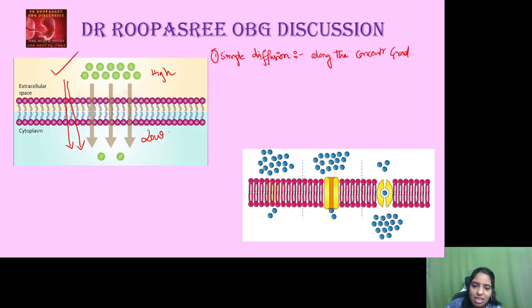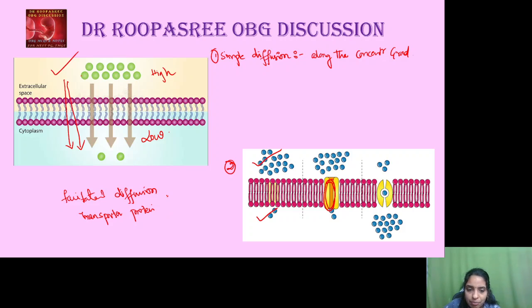Now, the second is facilitated diffusion. In facilitated diffusion, they require a transporter protein. Here is the high concentration; to enter into low concentration, one transporter molecule or a protein is required.